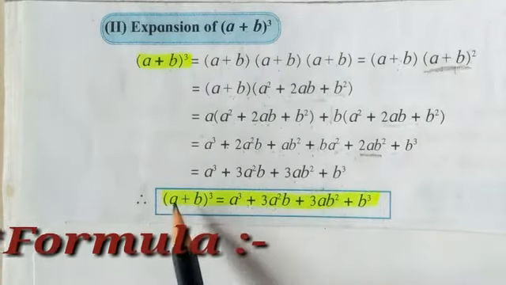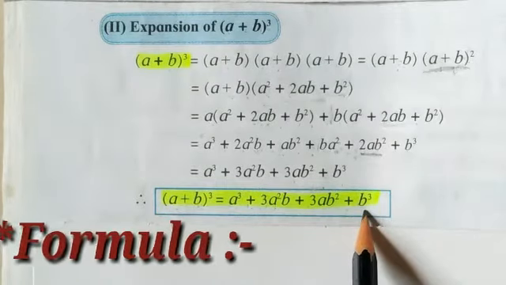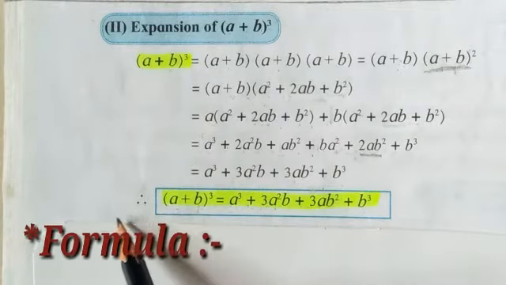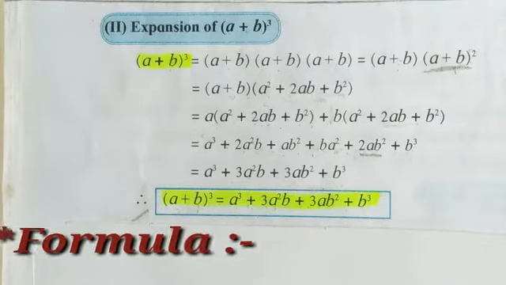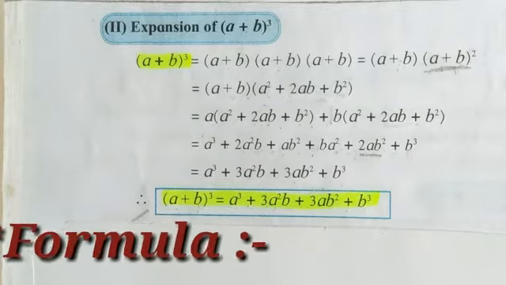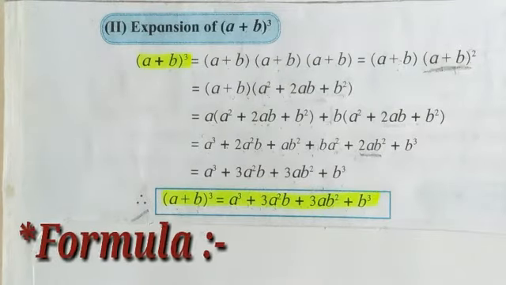So 3ab square plus b raised to 3, it means cube of second term. So this is our formula which we are going to use in our practice set number 5.2. So note it down very properly. If you want, you can take a screenshot and write it in your classwork notebook. Let's go ahead.